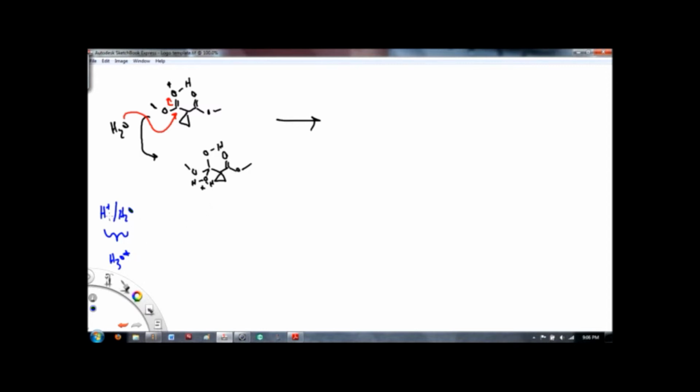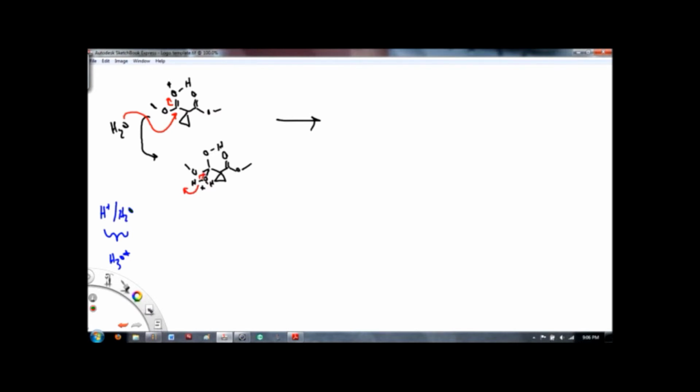So what we've done here is we've added our acid, and we've added our water. Now at this point in time we want to regenerate our acid catalyst. Something typically will come in and grab that. Typically water will come in and grab this hydrogen. But just for this sake I'm going to say we're going to take our hydrogen and lose that hydrogen.